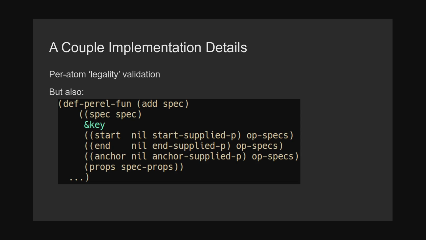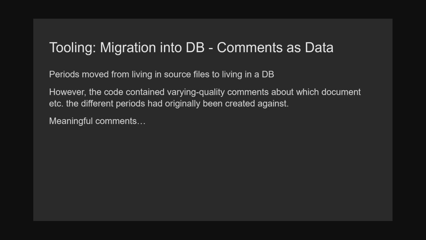You see here that add returns a spec, takes a spec, and then we have this subspec thing for the start and anchor and so forth. All the implementation details are available in the paper.